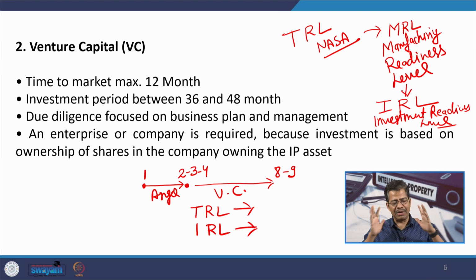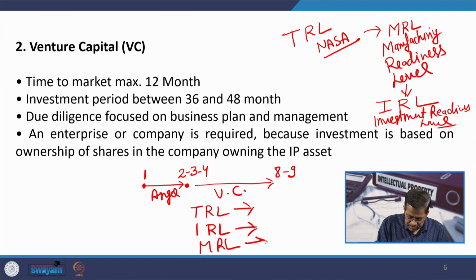I have some rough calculation of gains, that in the next 3 years I should get this much money from this technology, and accordingly I will decide the appropriate time of exit. So, TRL, MRL, IRL are the different types of criteria used by angel investors as well as venture capitalists.